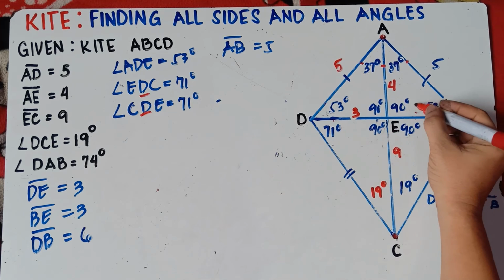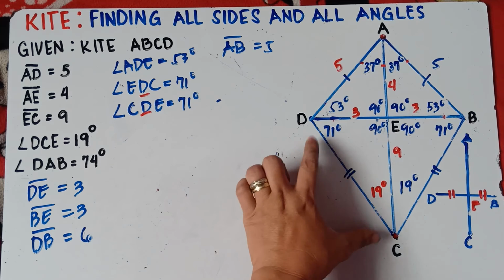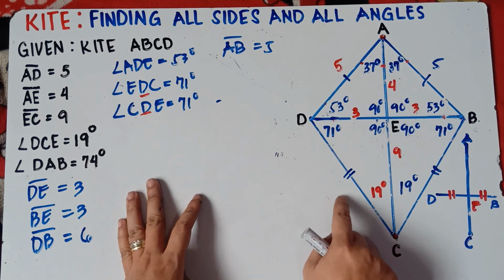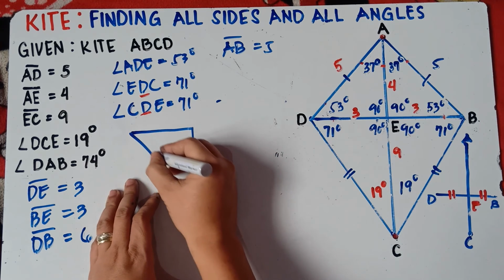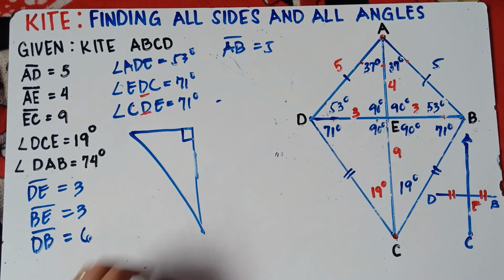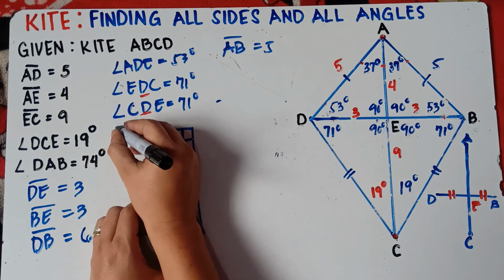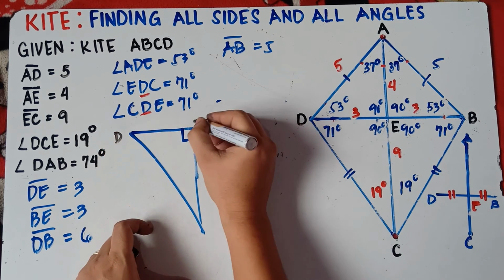Almost done. Locking this side, class. So let's draw this triangle, DEC, so that we can find this side right here. So we have DEC. Once again, a right triangle. This is 90 degrees. Right triangle, one angle measures exactly 90 degrees.